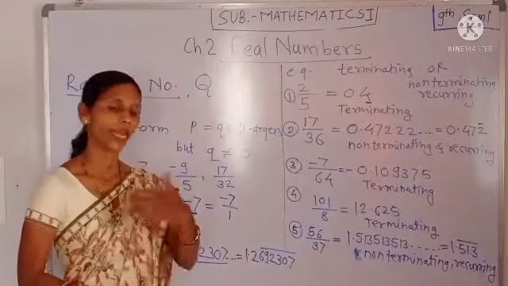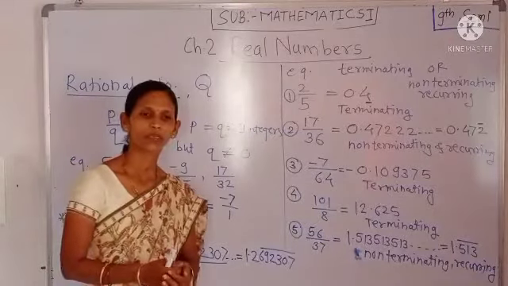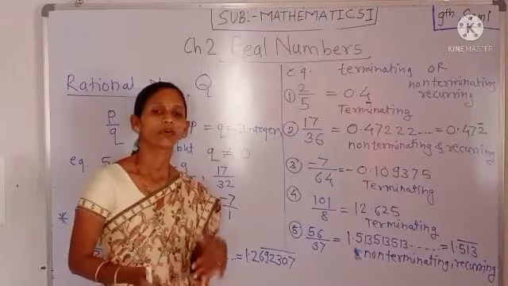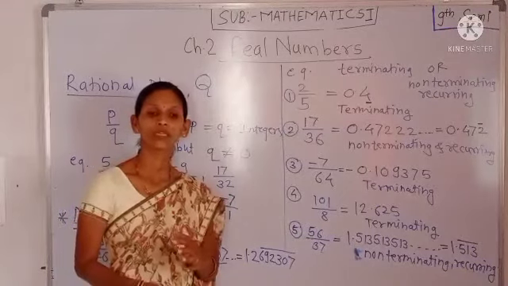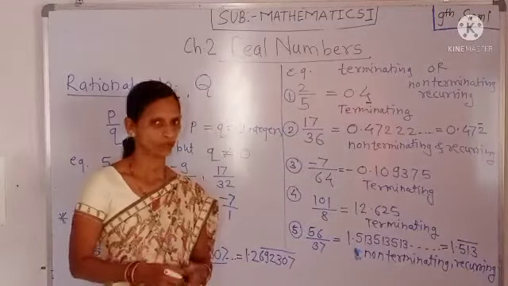Then those are the examples of the decimal form of the given rational numbers. Similarly, we can express a rational number in p upon q form, if the rational numbers are given in recurring decimal form.